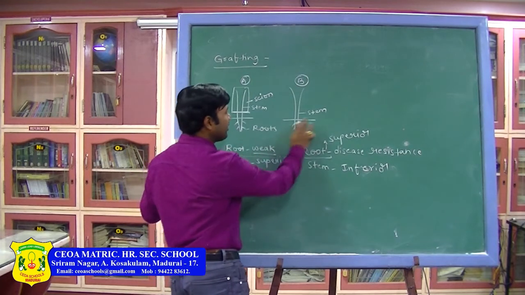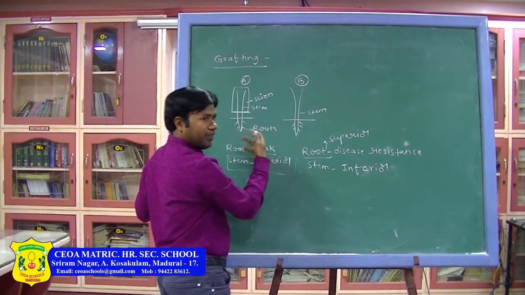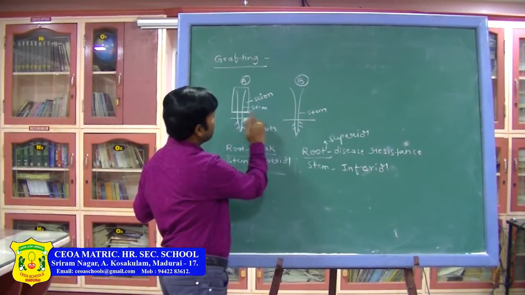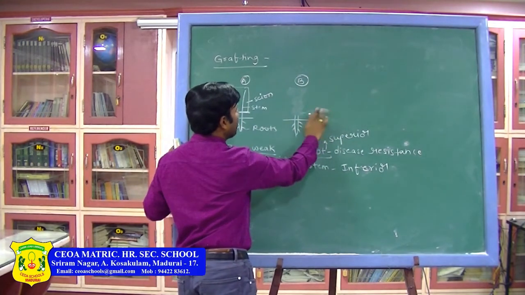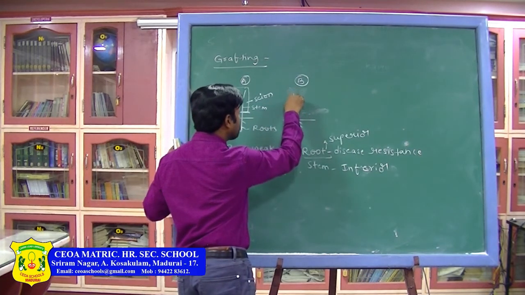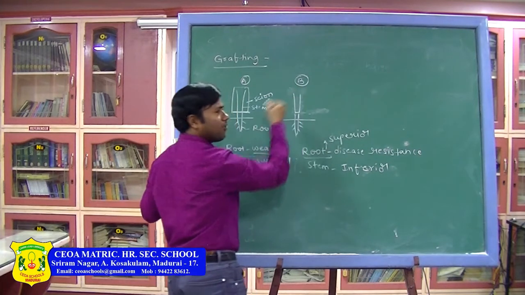Now what I am doing, this stem which is strong, or which has more desirable characteristics compared to the B stem, I am cutting. Then this stem I am introducing here, onto the other plant's stem.